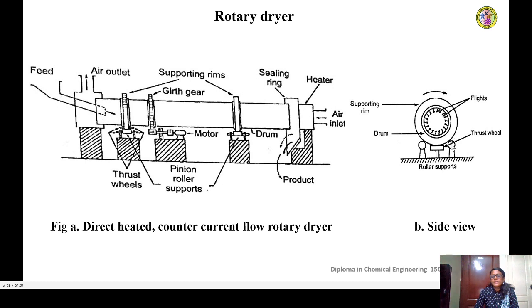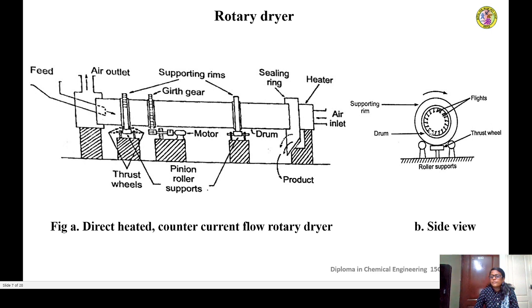Okay, so this is the side view of the rotary dryer, and this is how the inside view looks like. So the outer periphery of the cylindrical drum from the inside is fitted with these kinds of lifting devices called flights.